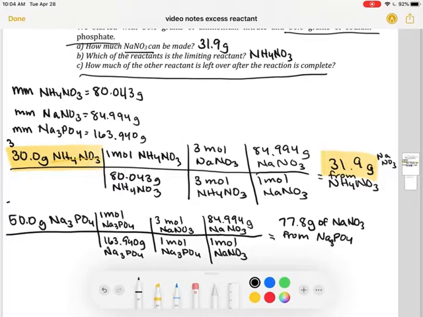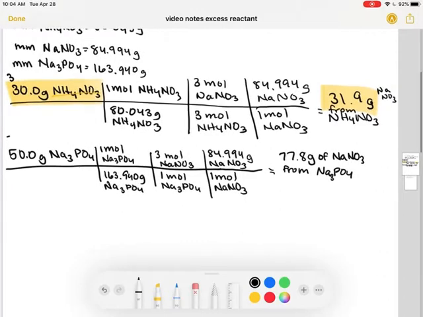Okay, now I'm going to show you something a little new. So if ammonium nitrate was our limiting reactant, that means that sodium phosphate, highlighted in yellow, is our excess reactant, which means that at the end of this reaction, there's going to be 31.9 grams of sodium nitrate in the container.